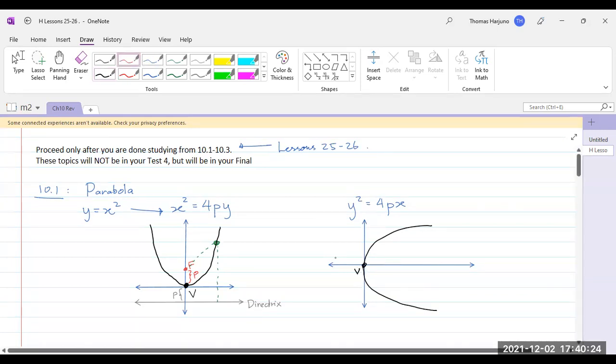The focus will be in the interior of the parabola. The distance from the vertex to the focus is p, and the distance from the vertex to the directrix is also p, but in the opposite direction from the focus.